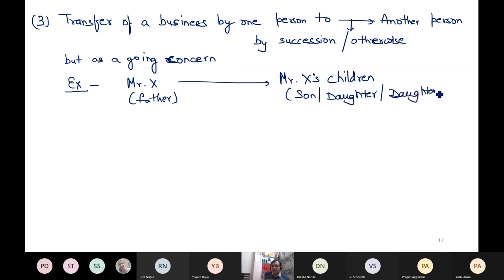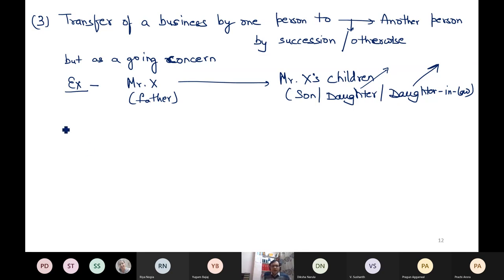Normally this is what happens. Earlier, sons were by default treated as the inheritor. But now, in high level family businesses, we can see that even daughters are given equal rights. Why not a daughter? And in fact, daughters-in-law are also given equal rights now. This is the change in the scenario because of education, trust, etc.